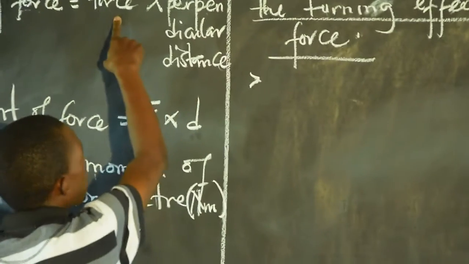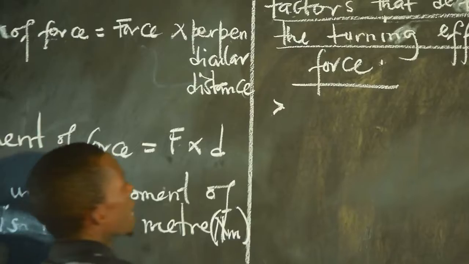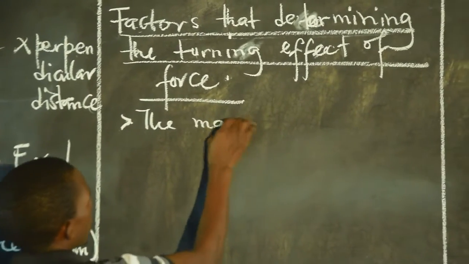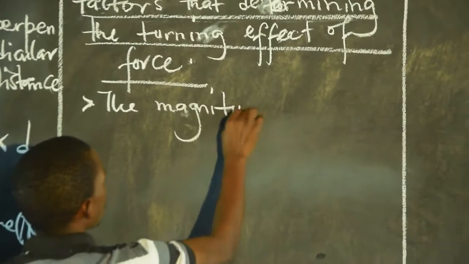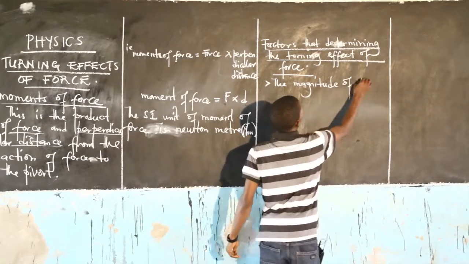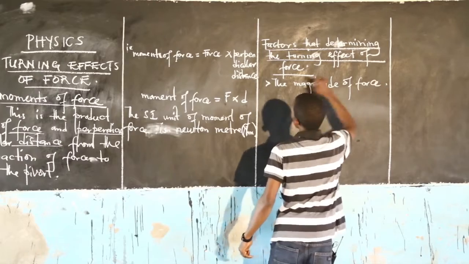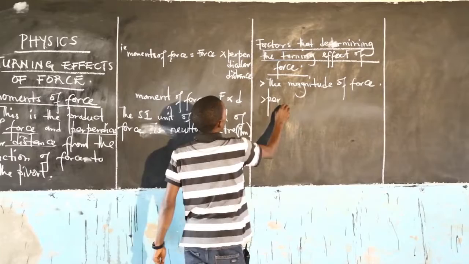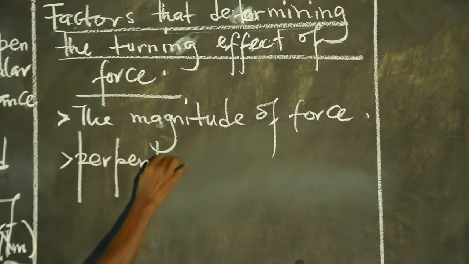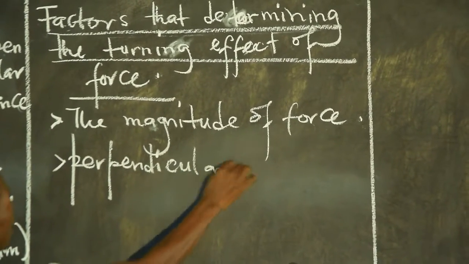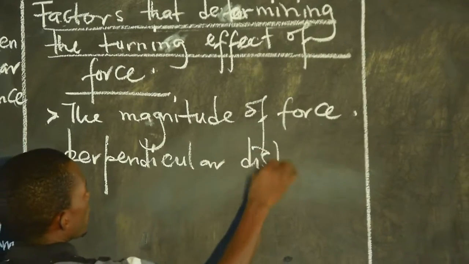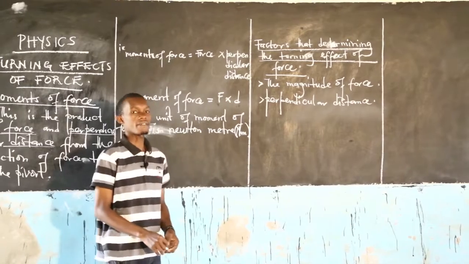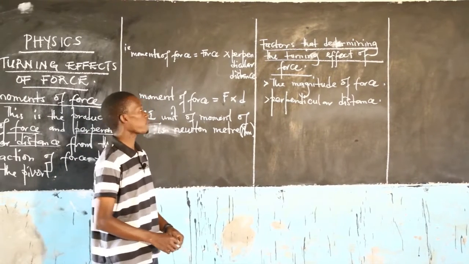The magnitude of force, because it is there, and we have also the perpendicular distance. You'll find the question, just state the two factors that affect the turning effect of force.